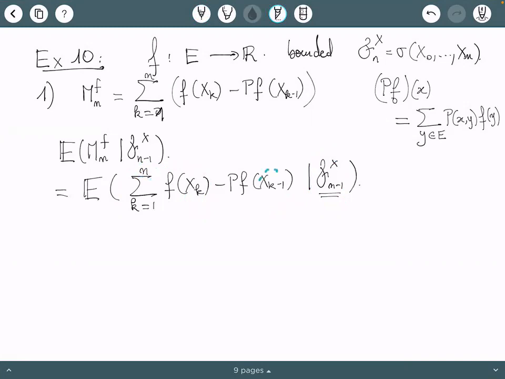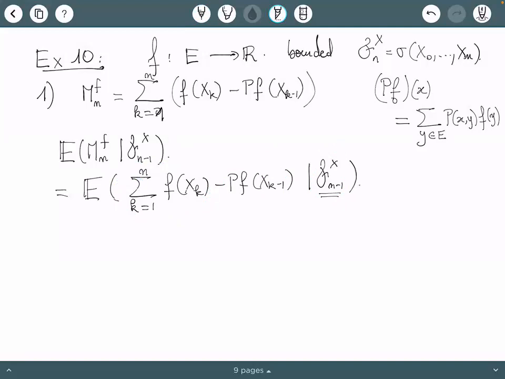And here, k minus 1 is always less or equal to n minus 1. So here, this random variable will be F_{n-1}^X measurable for all k. So we have to distinguish two cases here: if k is equal to n in this first sum, and if k is less than n.